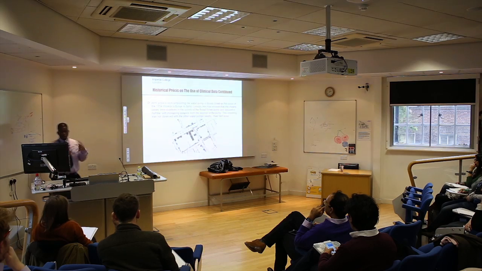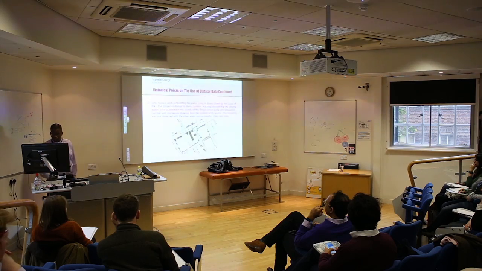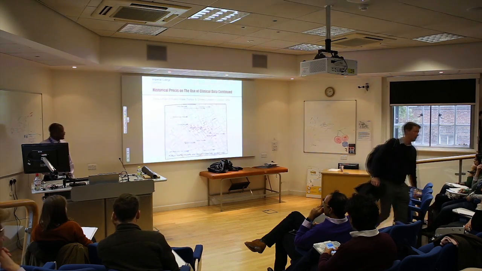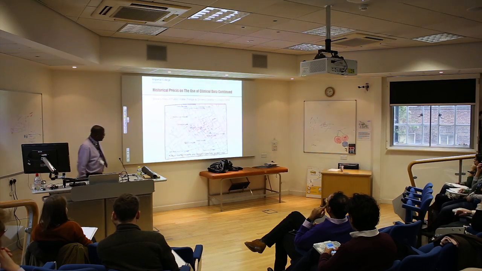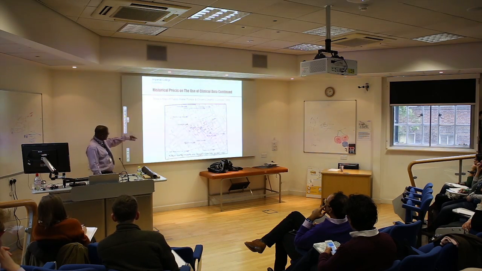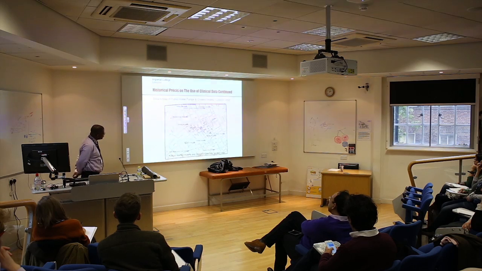His map showed that the cholera cases were clustered in the vicinity of the Broad Street pump and reduced in number with increasing distance from the location of the pump, as we can see here. So in the center, in the blue, that's the Broad Street pump. The red were the cases of cholera, and the other pumps are shown in blue.